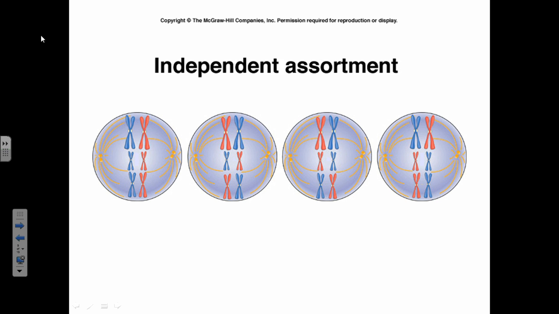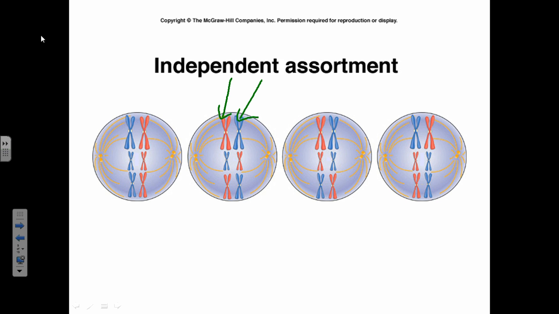Now here's the cool thing. Every time they line up, Dad's chromosome could line up over here, or it could line up over here. Same with mom's. So if you have 2 sets of 23, how many different ways could they line up across from each other?